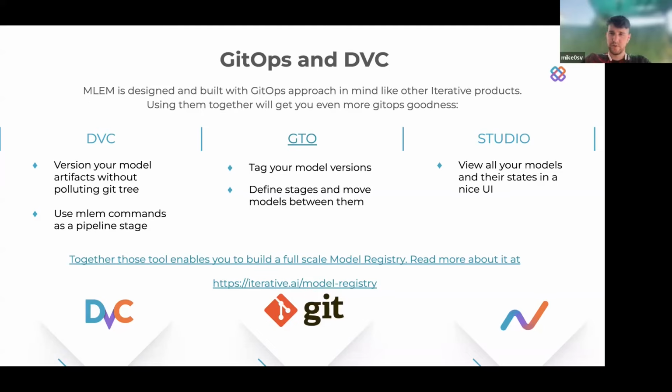And you can use all those tools together with MLEM, and this will allow you to build a full-scale model registry with artifact versions, with model versions, with comparisons, with deploying from them, with promoting between different environments with GTO, and of course with storing your binaries with DVC.